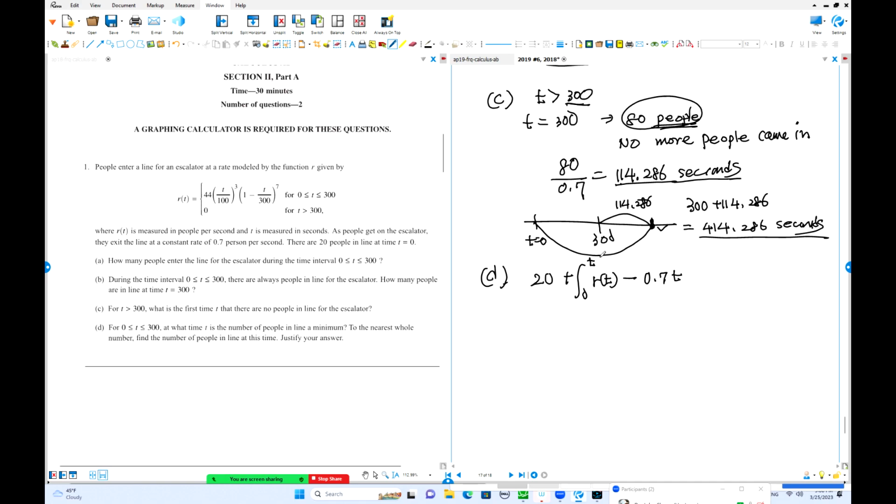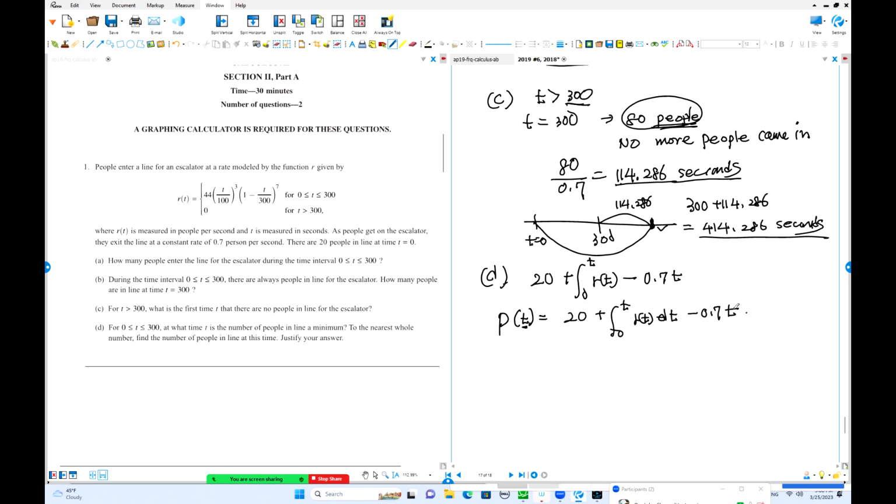Are you okay with this? Yeah. The number of people in escalator, okay? 20 plus the integral of RT, minus 0.7T, okay?